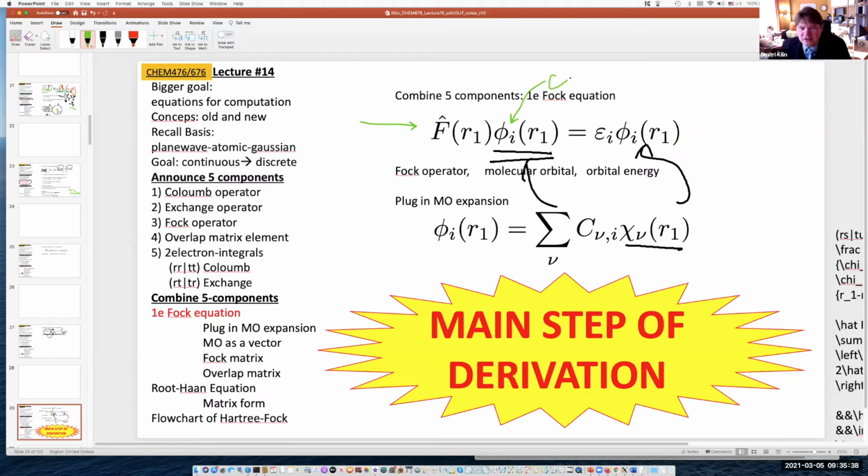So it is a continuous wave function. Phi is the molecular orbital. It is basically the stuff that we draw in GaussView. And here is the expansion coefficient.